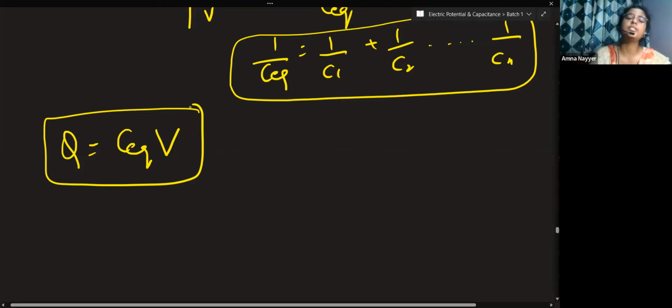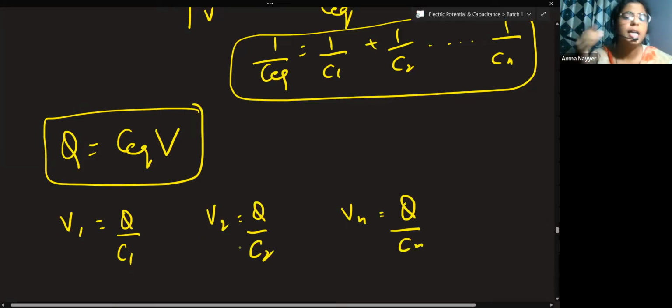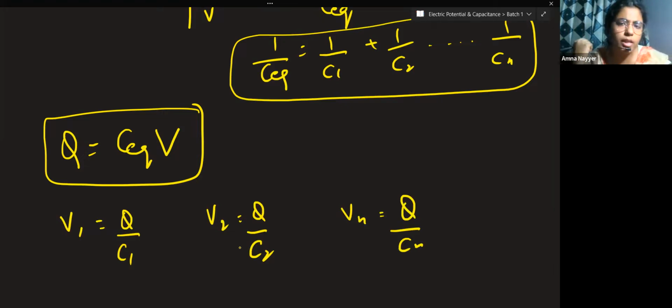If different potentials are asked, then V1 is written as Q by C1, V2 as Q by C2, Vn as Q by Cn. Charge will remain the same no matter what. Values of capacitance and potential will differ. So in this way you can calculate.